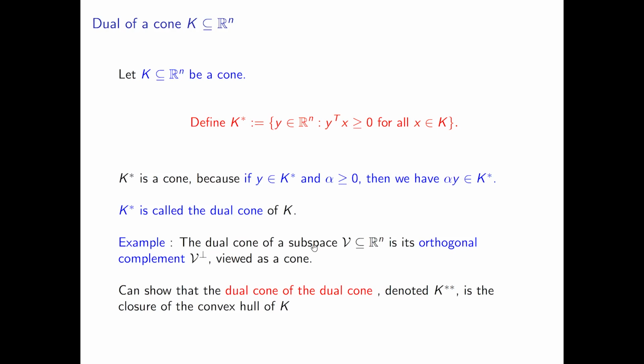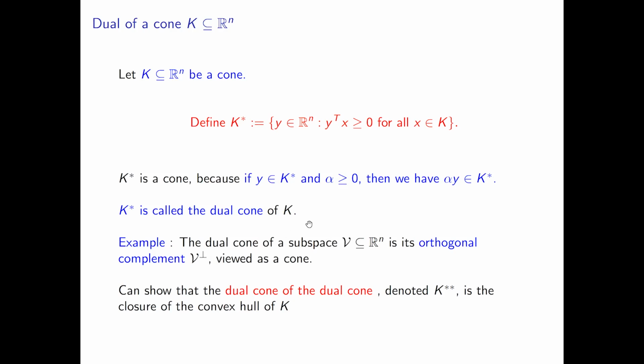So one baby example is if you start with a subspace in Rn, call it V, and you look at all the vectors that have non-negative inner product with every vector in V, then that's basically the orthogonal complement. Because the point is you can scale a vector by either positive or negative coefficients. So you will end up having this inner product be 0.